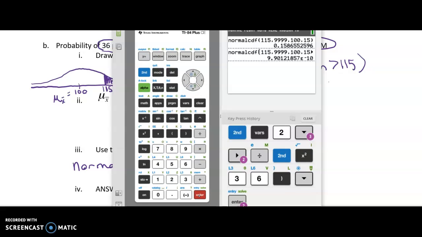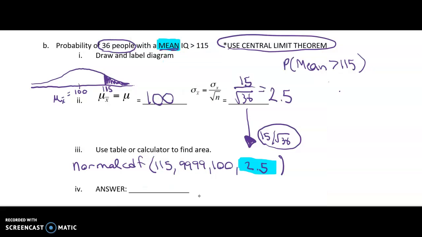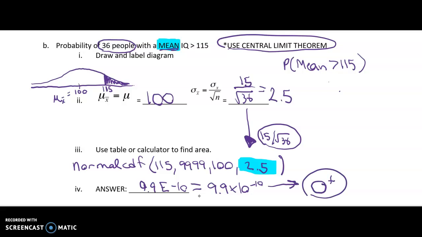And we get 9.9 e negative 10. If you wrote this on your paper, I wouldn't give you full credit. What that means is 9.9 times 10 to the negative 10. And that rounds to 0, but we know it's a little greater than 0, so we'll put 0 plus.